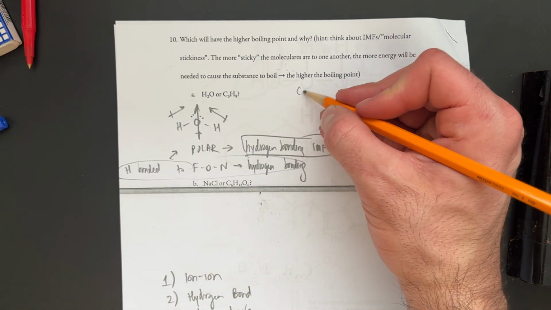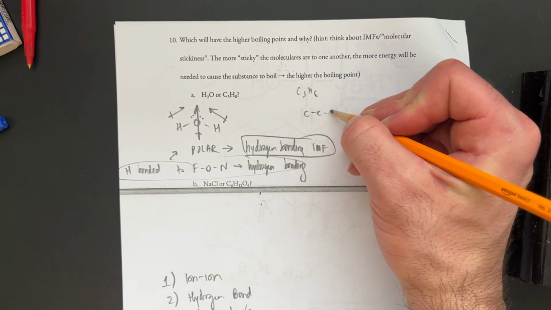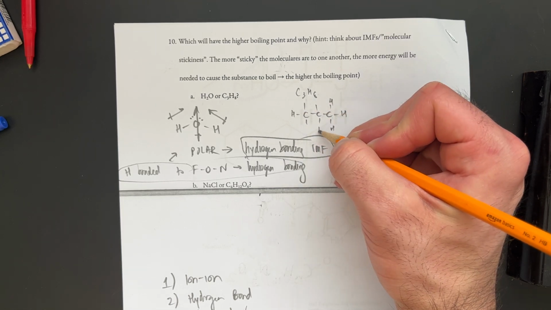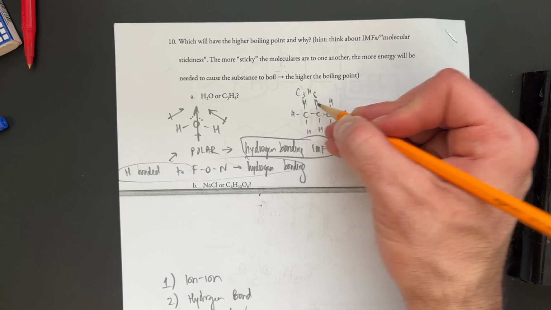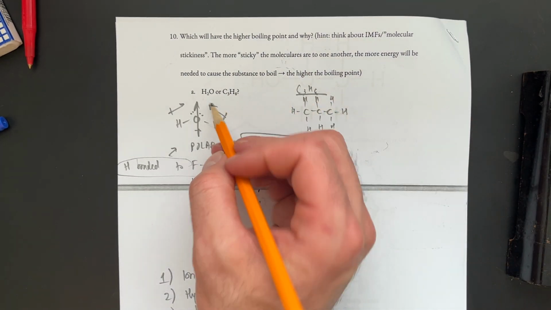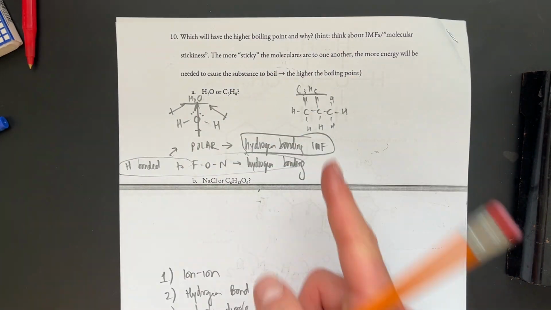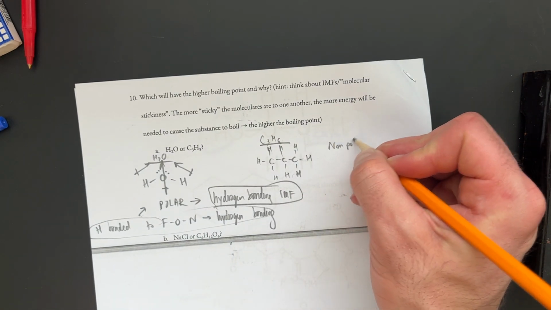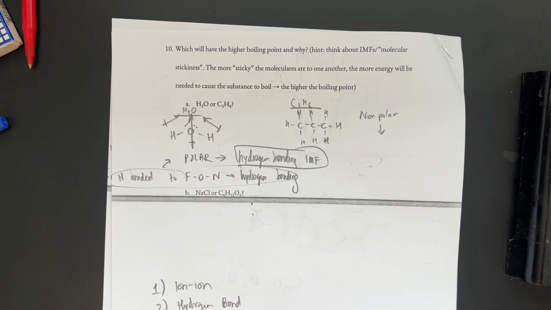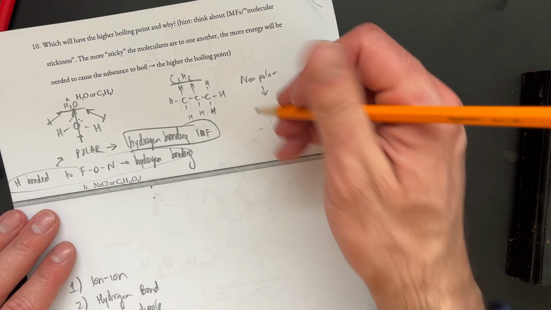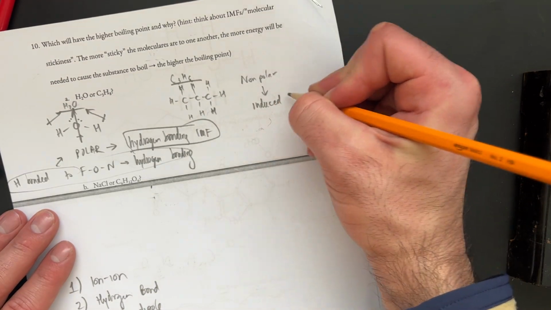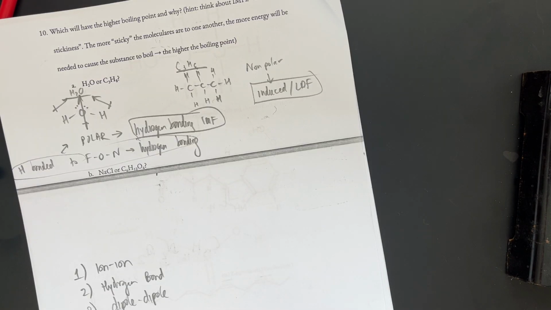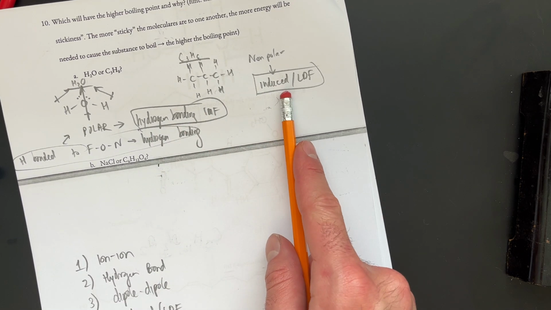Versus for C3H8, it looks like this. And this is just a hydrocarbon. And so it is going to be nonpolar, right? And so therefore, if it's nonpolar, it only has induced dipole / LDF. And so therefore, which one is going to have the higher boiling point?